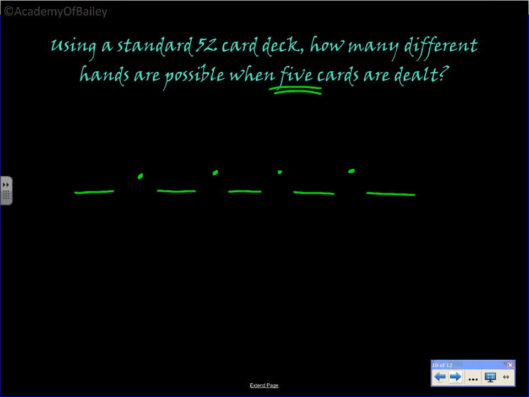So if we think about this then, 5 cards, first card, 52 cards are possible. The second card here, if you have 1 card in your hand, there are 51 cards that you could possibly get. And if you have 2 cards in your hand, there are 50 cards you could possibly get.